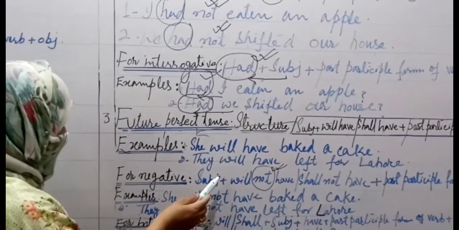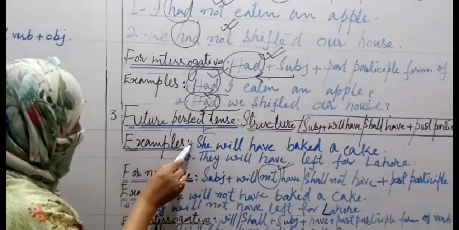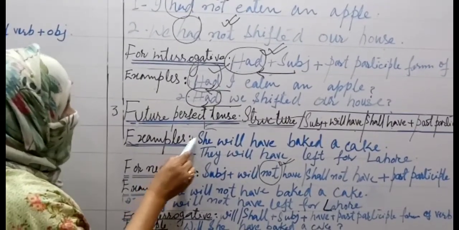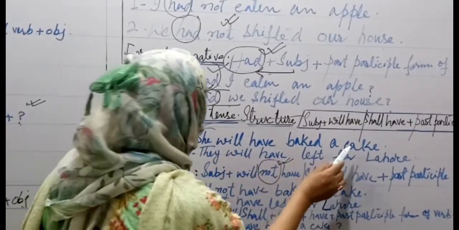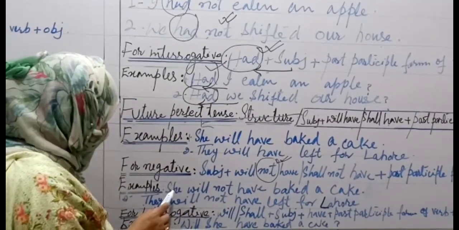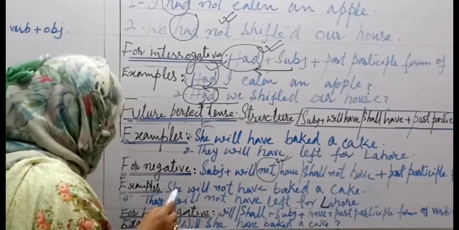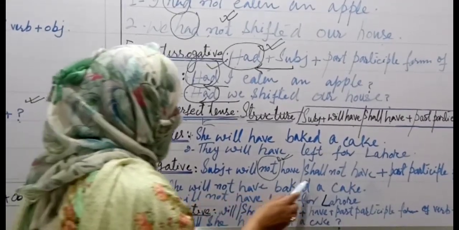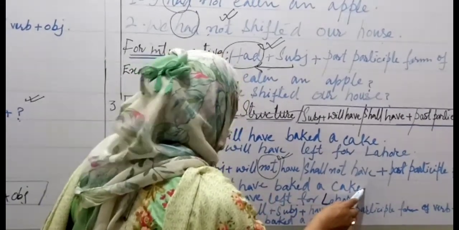According to this structure, look at the same example. Example number 1: She will have baked a cake. When you make it negative, according to the structure: She will not have baked a cake.